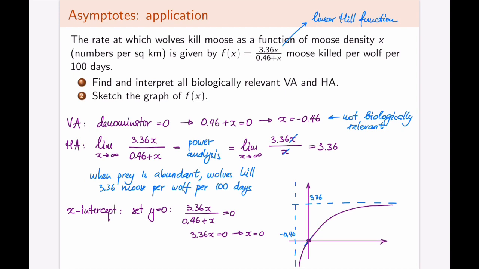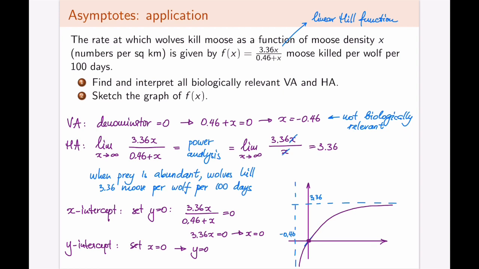Not surprisingly, if I compute my y-intercept, for y-intercept it's actually always easier. We simply set x to be 0, so I plug in 0 into here, and I'm going to end up with 0 divided by 0.46, which of course ends up with y being equal to 0. So my x and y-intercept is the origin, which already is present on my graph.